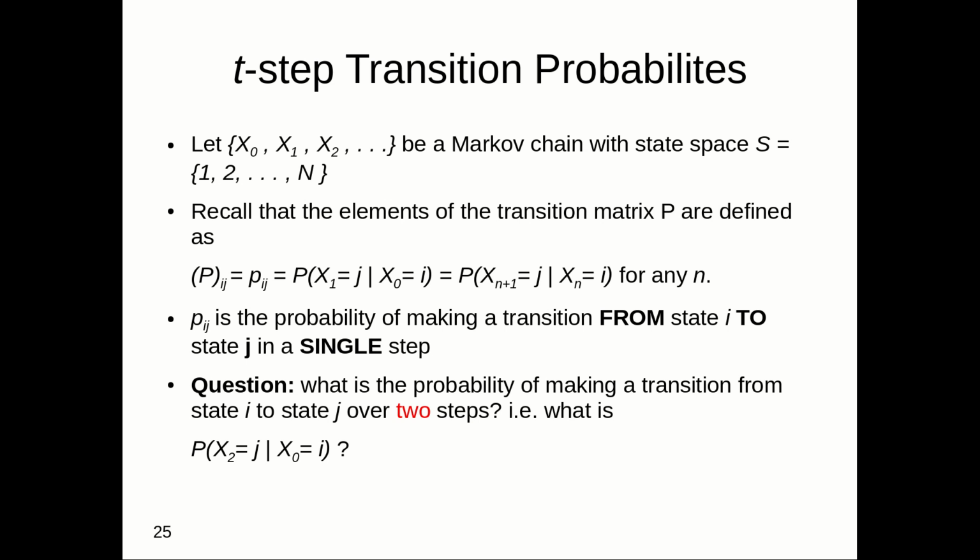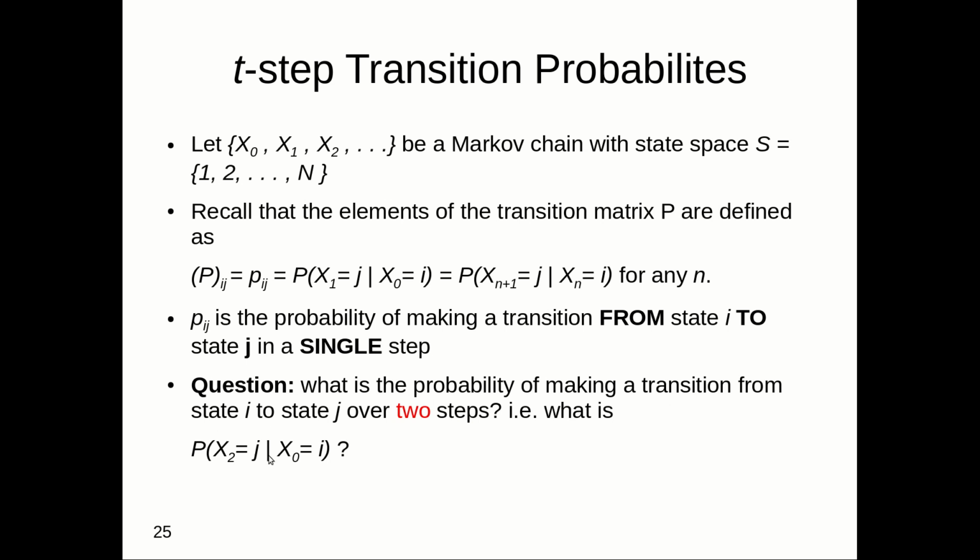Right. And so P_ij, again, is the probability of making a transition from state i to state j in a single time step. So we're going from t to t+1. Now we're interested in the question: what is the probability of making a transition from state i to state j over 2 steps, right?